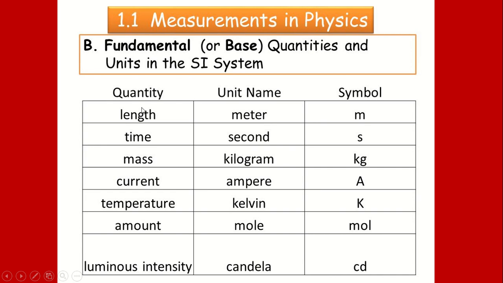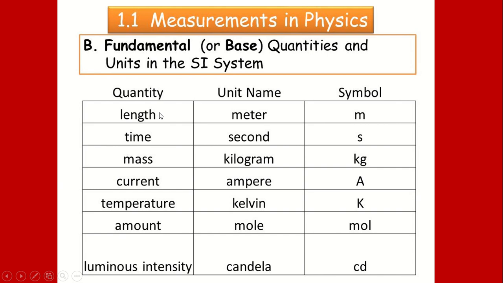Okay, so there are 7 fundamental quantities: length, time, mass, current, temperature, amount of substance. Sorry, it's a mistake, you will make the correction. And luminous intensity.